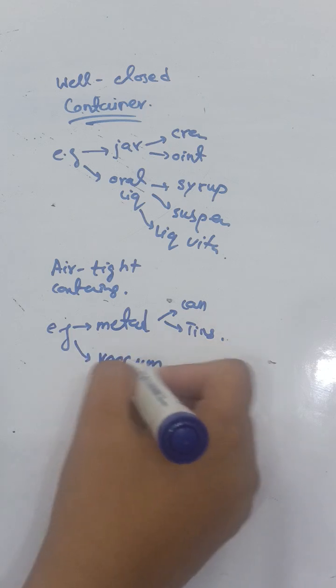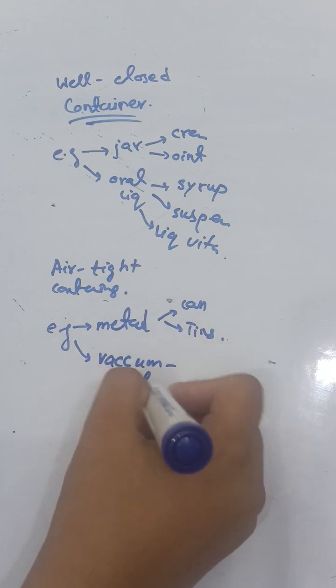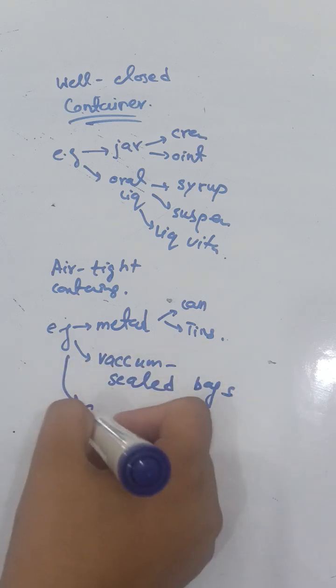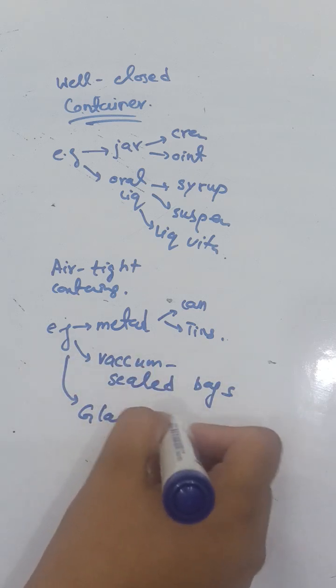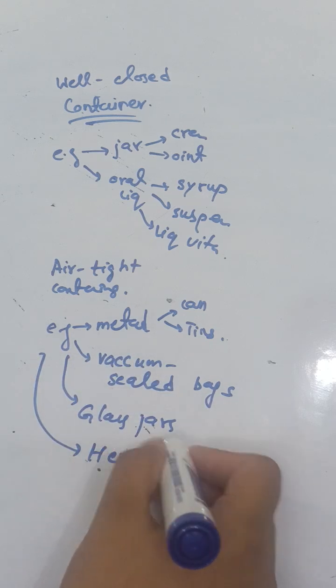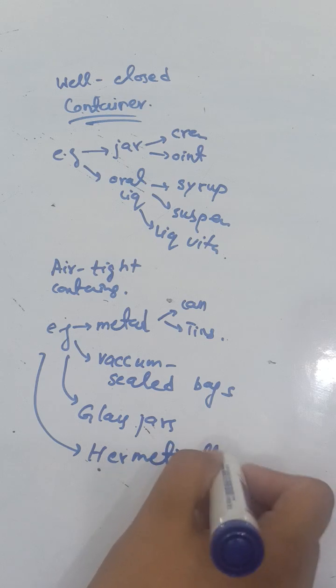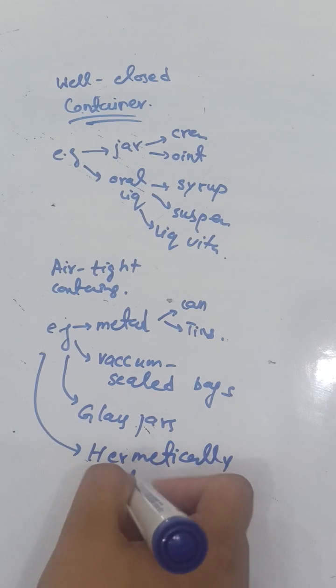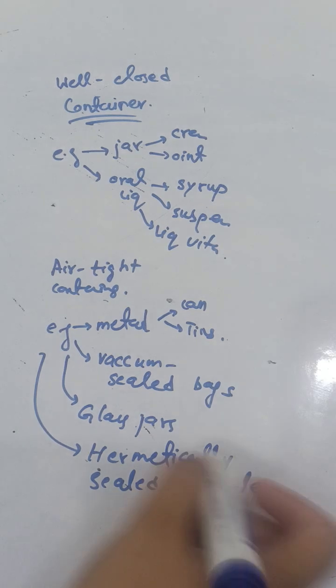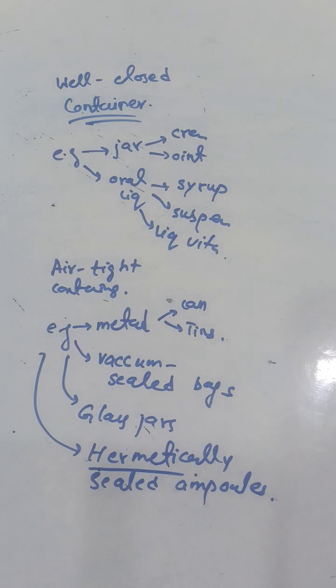They are also airtightly closed, sealed bags, some glass jars, and some hermetically sealed ampoules. Hermetically sealed ampoules mean they are airtight, so the air cannot move outside or inside through it.